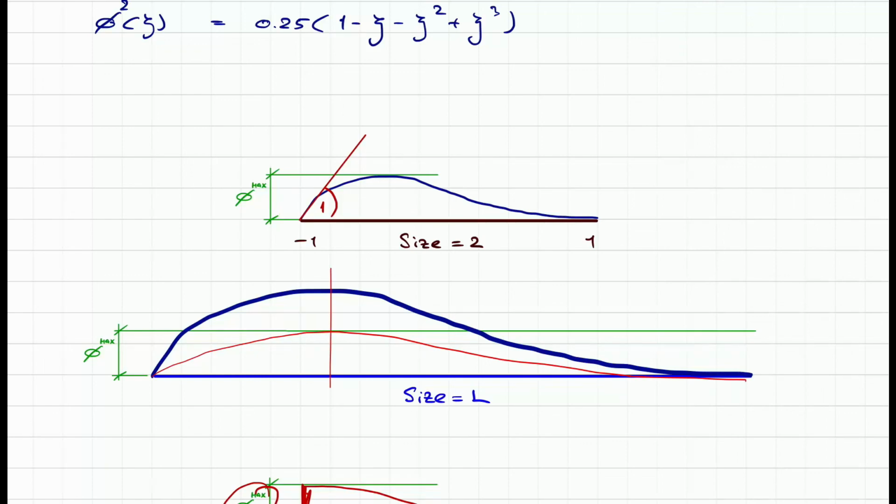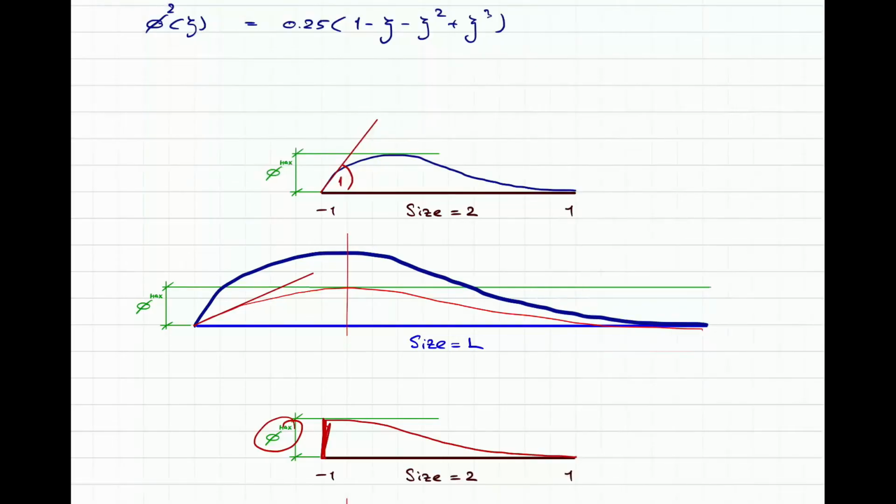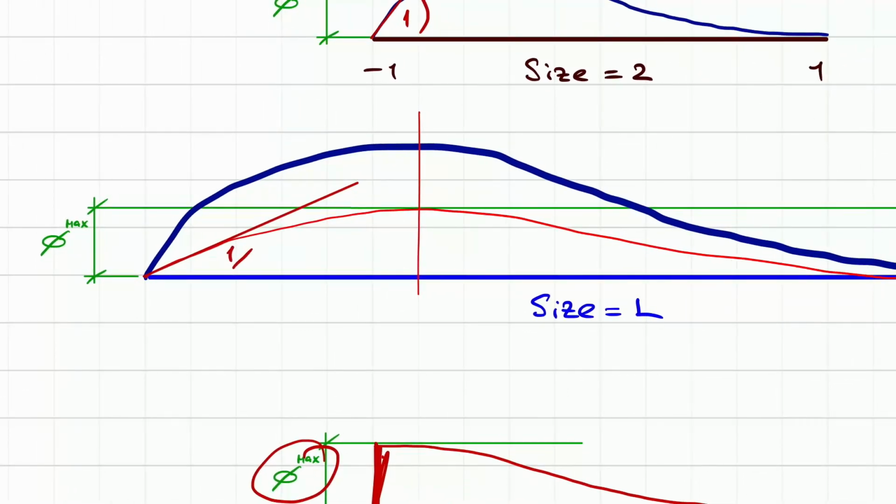The thing is that once you map this shape function onto the physical domain, you get the ratio of 1 divided by L over 2, because you have the stretching in just one direction.